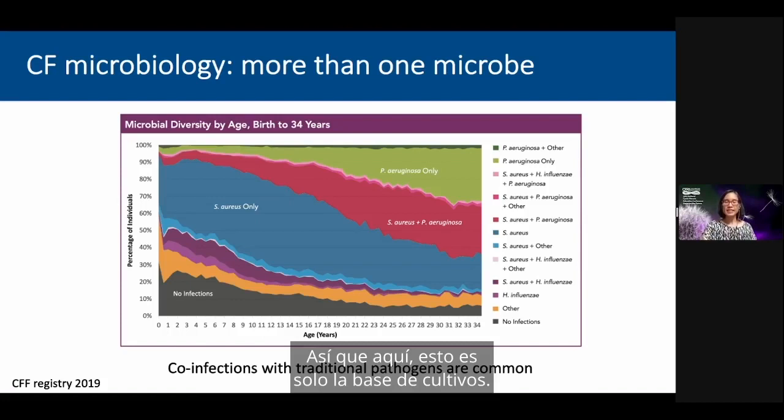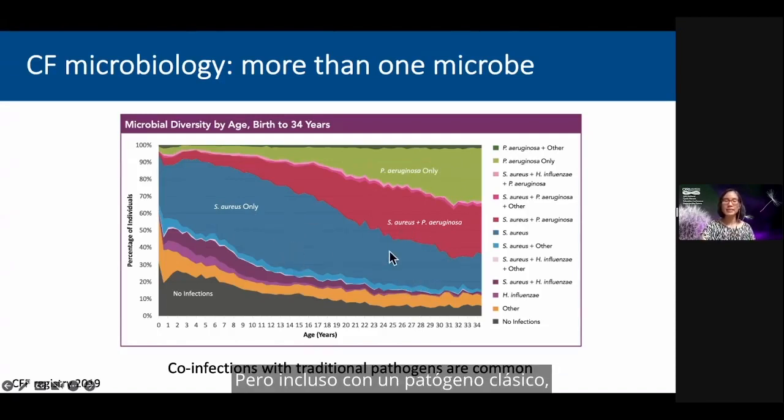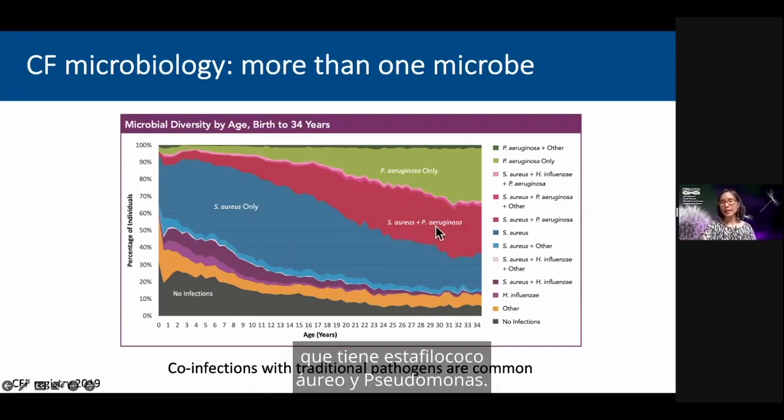This is the same culture-based data that I've shown you before, but pictured a little differently, for the major pathogens. You have Pseudomonas in green up top, Staph in the middle, but even with the classical pathogens, they can coexist. So you have a whole group here that has both Staph aureus and Pseudomonas.